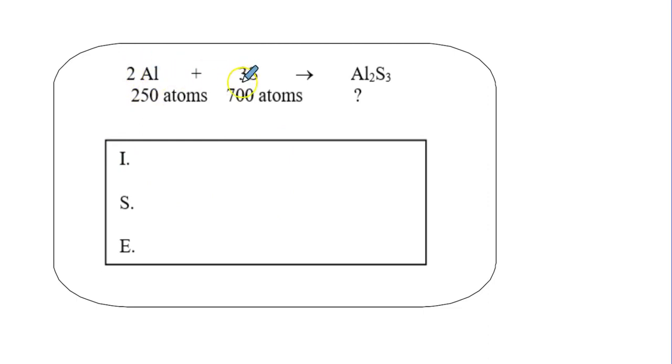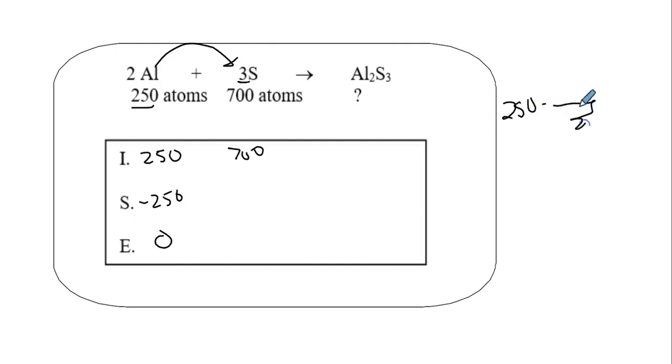So here I have a higher rate used, but I have less here, so let's try it out. I'm going to go with the aluminum on this one. So 250, 700, minus 250 down to 0. Jump from here to here. 250 at a 2 to 3 ratio is what?